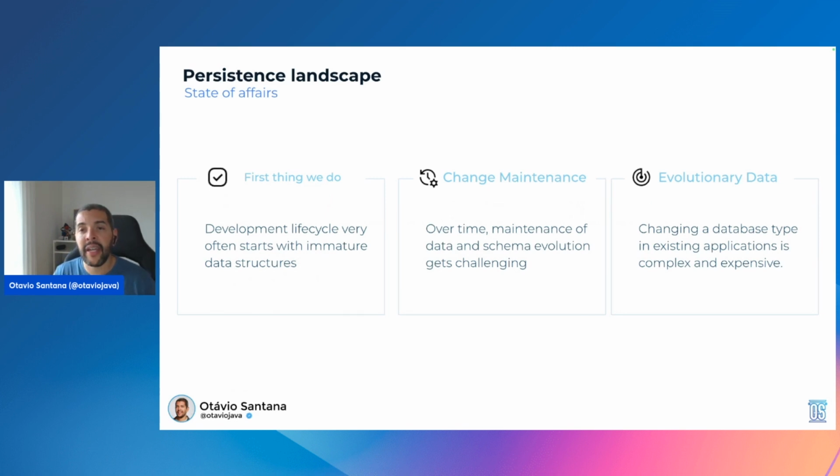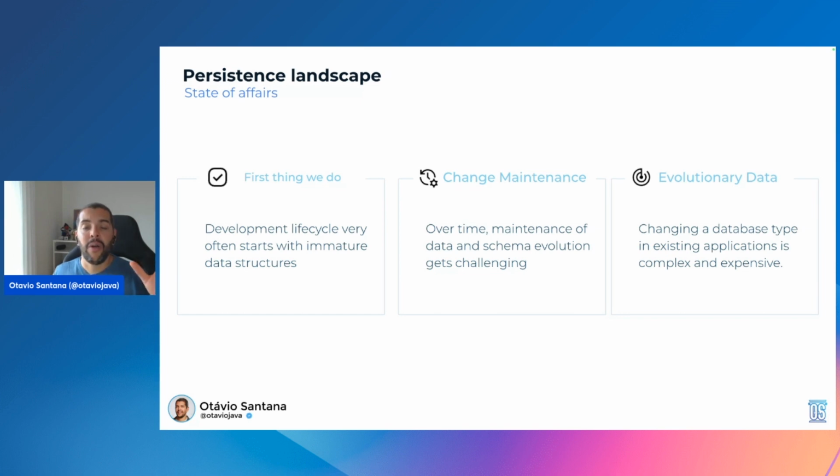First, let's start and ask why. Why should we pay attention to the persistence layer, and why is it a super challenge to handle the persistence layer? Because it's the first thing that we do all the time. So we start our application, and the first thing that we might do is the modeling. So we start the application with the database.